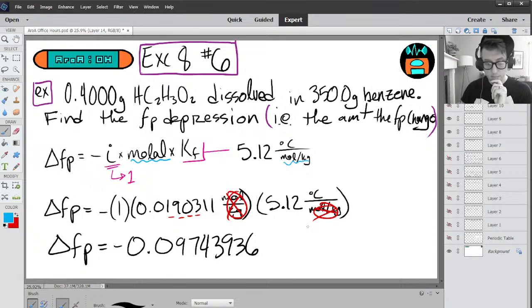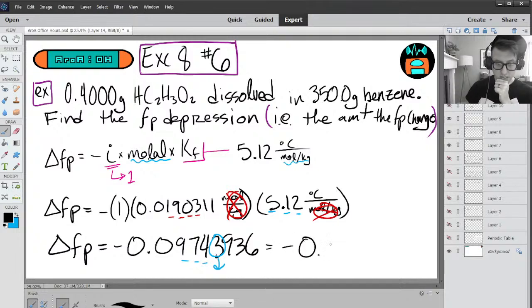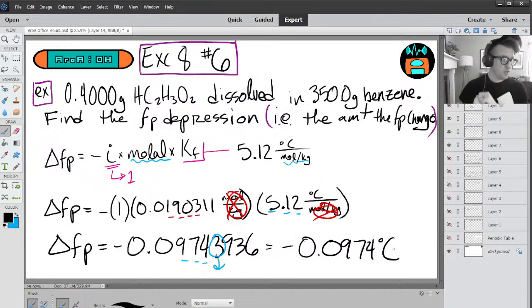We can actually only keep 3 sig figs because the freezing point depression constant is a measured quantity, so that'll limit the sig figs in this problem. 3 rounds down, so our freezing point depression is 0.0974 degrees Celsius.